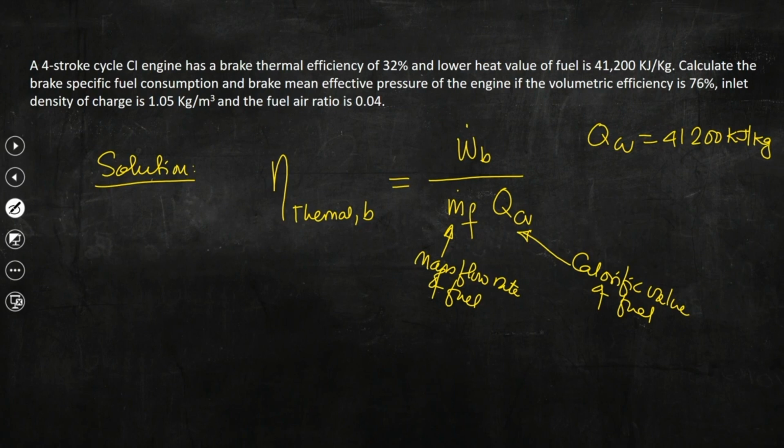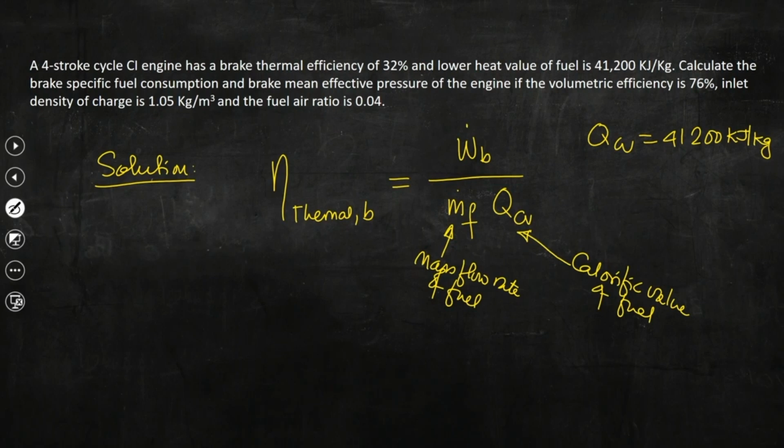And what we need to calculate? We need to calculate the brake specific fuel consumption and brake mean effective pressure of the engine if the volumetric efficiency is 76%. Inlet density of charge is 1.05 kg per meter cube and fuel air ratio is 0.04.